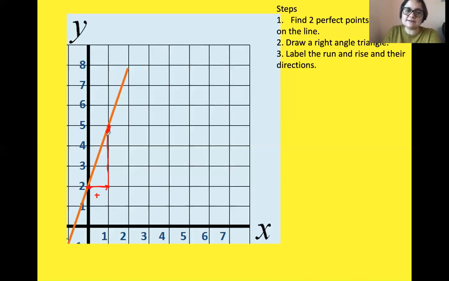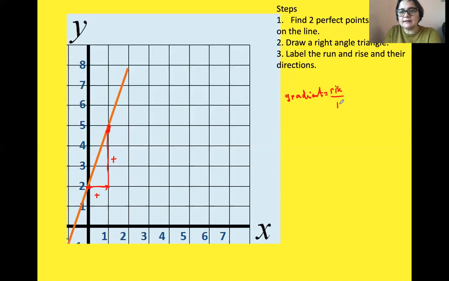And this other side of the right angle triangle represents the rise, and it's going up, so it's plus. So the gradient should be calculated as rise over run.